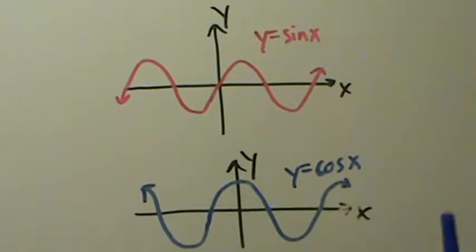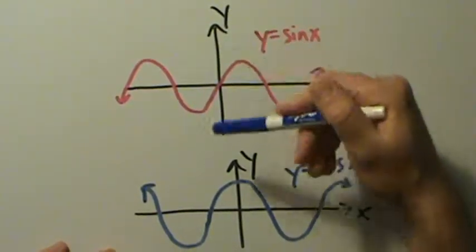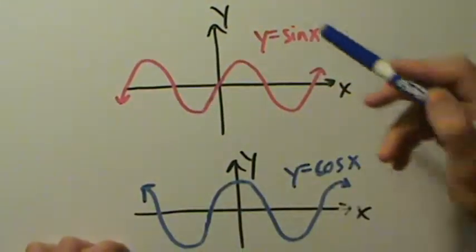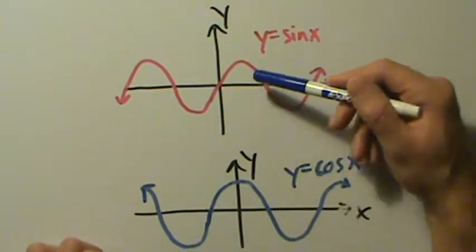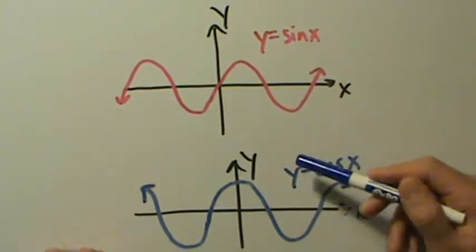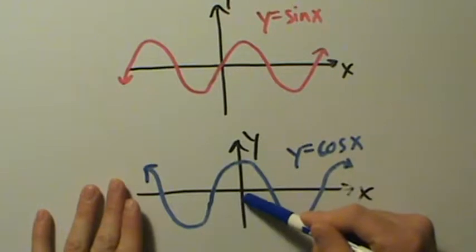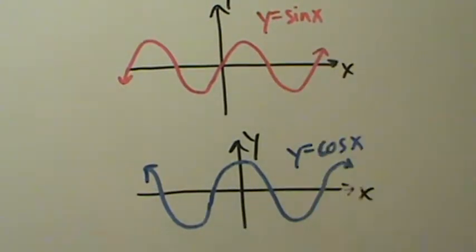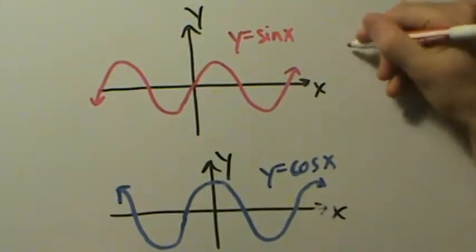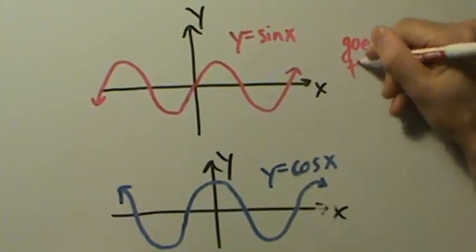Notice that for the sine function, if there's no vertical shift or no horizontal shift, the sine function goes through the origin, right? It goes through 0, 0. The cosine function does not go through 0, 0, okay? So the graph of the sine function goes through 0, 0.